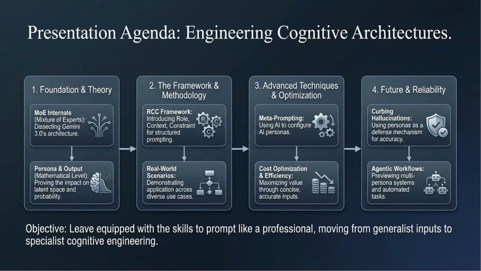Before we can manipulate the model, we have to understand what we are actually talking to. Gemini 3.0 represents a significant shift from the monolithic models of the past. Under the hood, Gemini 3.0 is built on a highly advanced mixture of experts, or MOE, architecture. In a traditional dense model, every single parameter is active for every single prompt. That's computationally expensive and, frankly, inefficient.